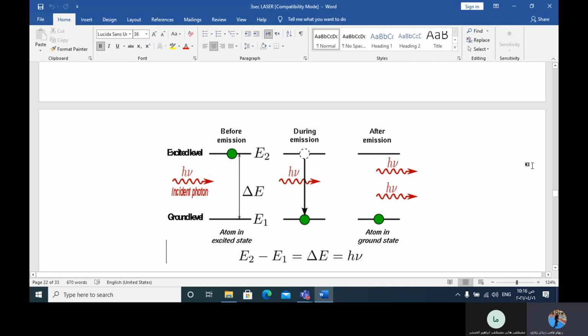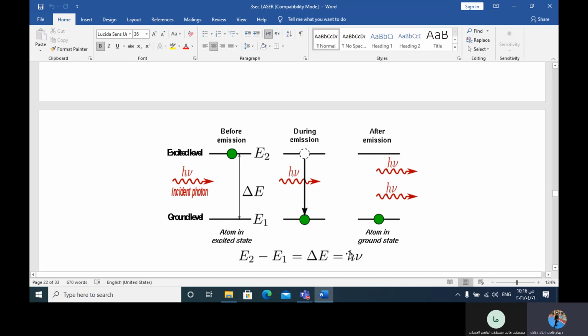So simply, what's population inversion again? Here we have two states, the ground state, as we said, E1, and we have the excited state, which is E2. Now, if there is a photon which has the energy h nu, and this h nu is the difference in energy between E1 and E2, so it's E2 minus E1, delta E, which is the change in energy.